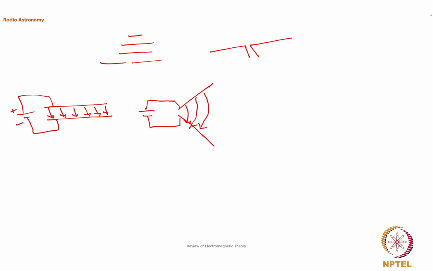Understood? Now let us consider this source replaced by an alternating source, or sine wave. If you see a sine wave like this, in the first half you will get an up field, and in the second half you will get a down field. Let us proceed with this analogy.